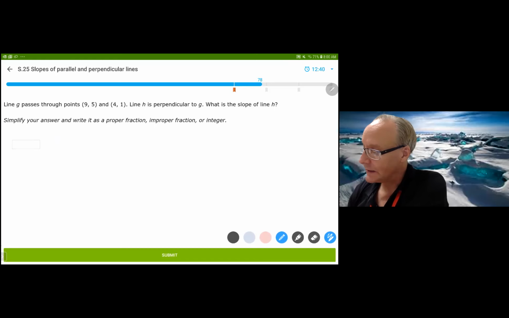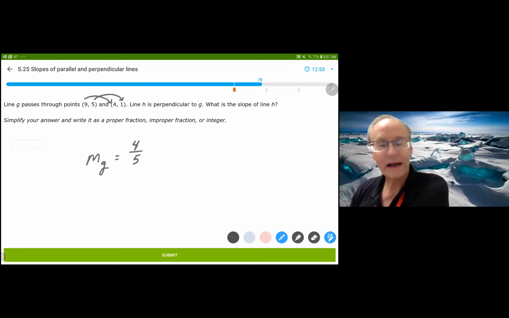Okay, we've got line G, so we want the slope of line G, and it's going to be, shall we go this way? Do you see why I chose that? I hope you see it. That's going to be 4 over 5, isn't it? See, practice will really help you here.